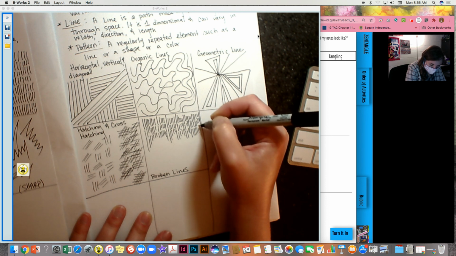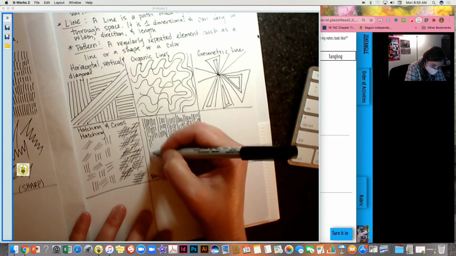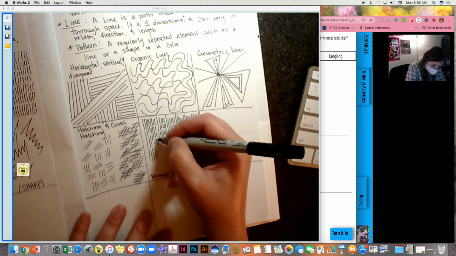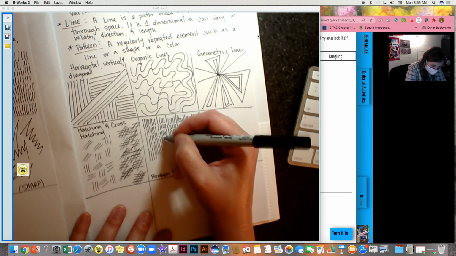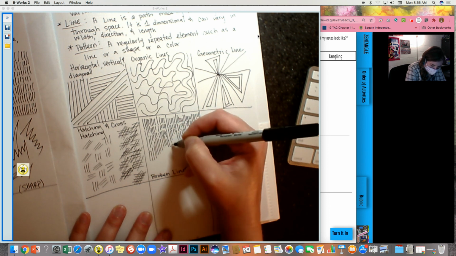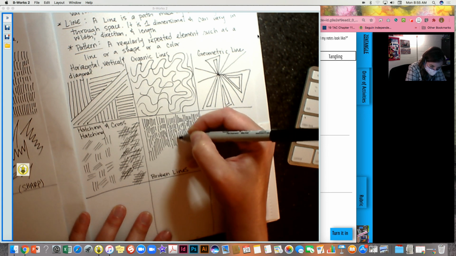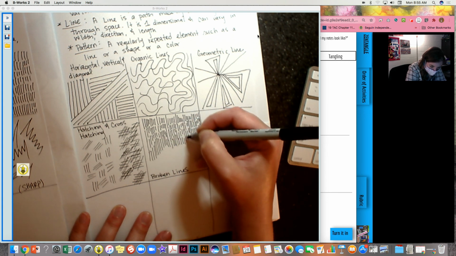And this may seem a little silly, but these are all types of line that you'll use in your drawings in the future and even in this project when you go to create shapes and patterns.